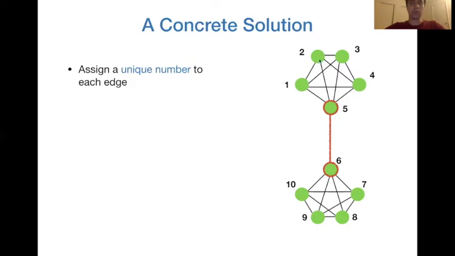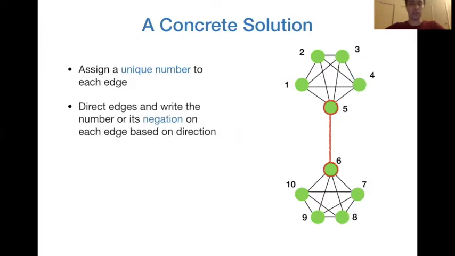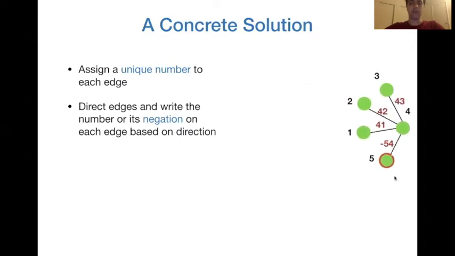So what we are going to do is to give a number to every edge. Let's say we are going to give 2 times the number of vertices plus 1 to this one, 21, 65 here, 43. This is basically the largest ID times the number of vertices plus a smaller ID. This way we'll get a unique name for each edge. Now, every vertex is going to look at the edges incident on itself and going to treat them as follows.